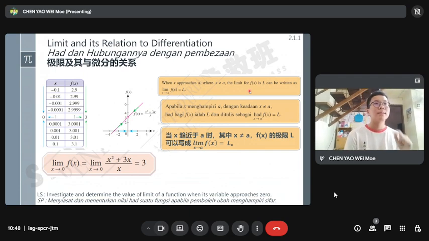But differentiation tells you there is a limit to calculate the function.